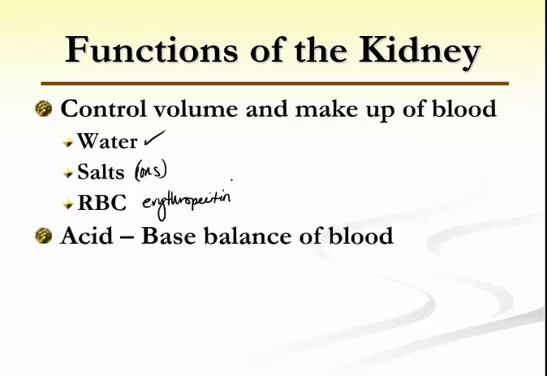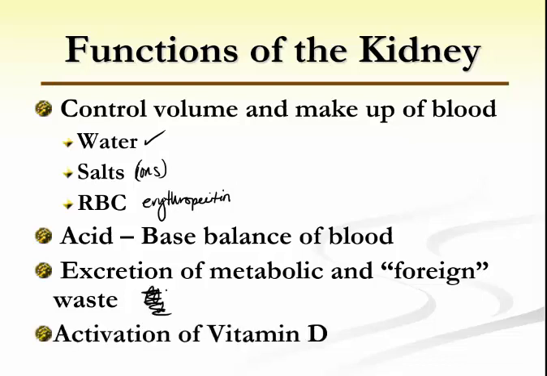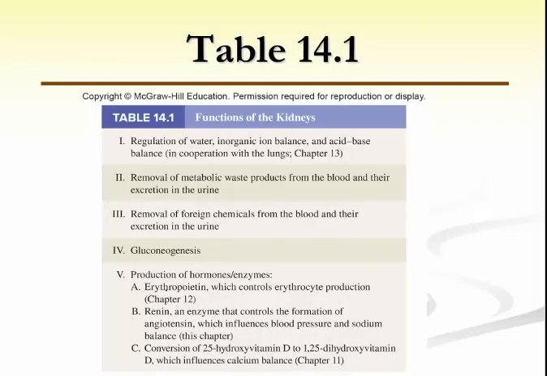We'll also see that the kidneys perform acid-base balance of the blood, and the lecture next week is going to focus on the mechanisms by which it does that. And it's responsible for excretion of metabolic and foreign waste and the activation of vitamin D. So vitamin D ultimately is produced as a precursor in the skin when UV light strikes it. It enters the bloodstream, goes through the liver, and the liver activates vitamin D, and then its final activation by enzymatic activity occurs in the kidney, and then it's ready for physiological use.